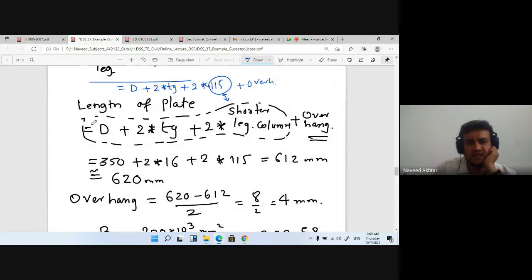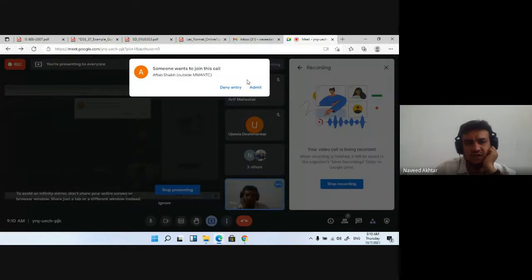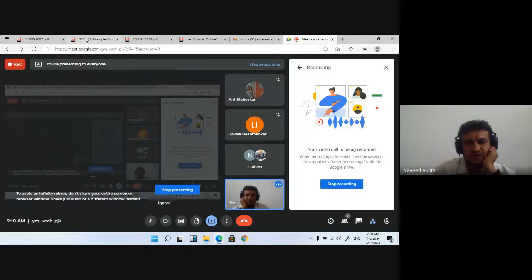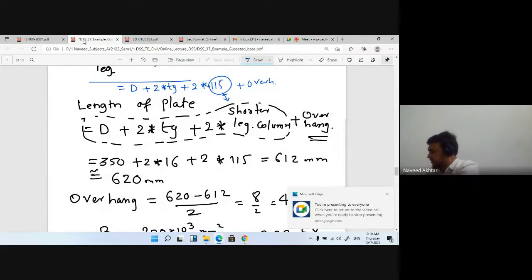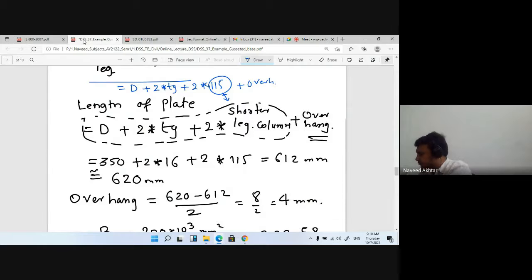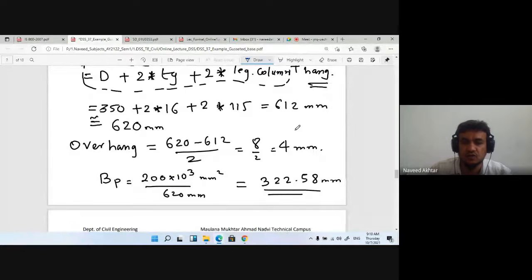This will give you the length of your plate. You can calculate the length of plate, and the overhang provided around the plate.